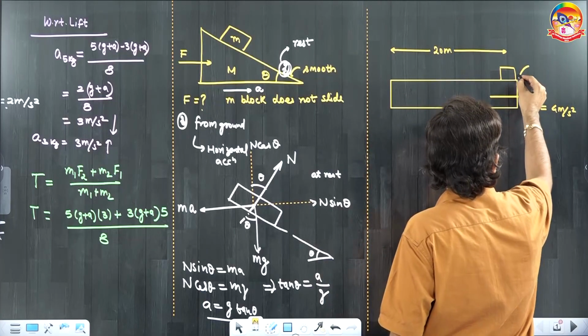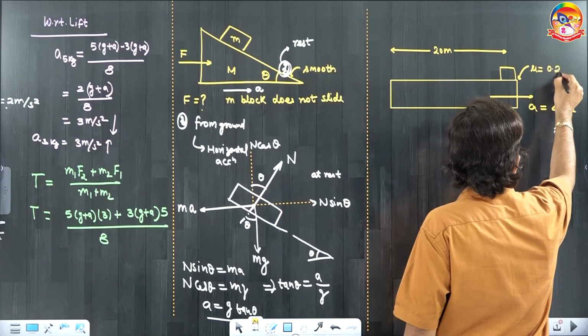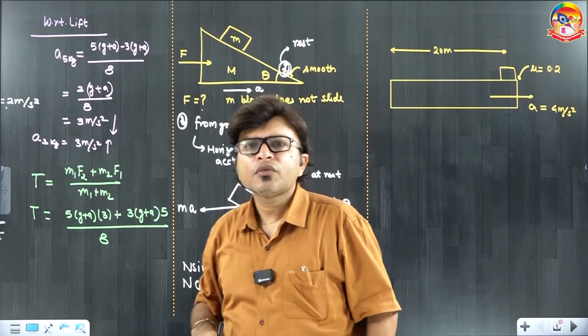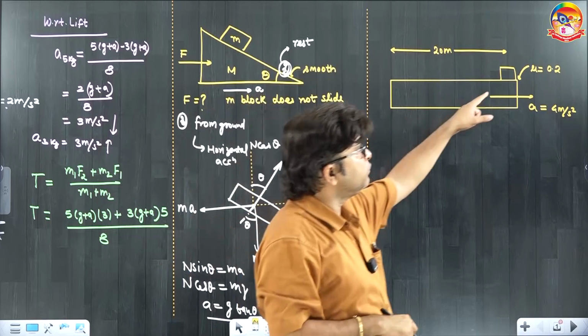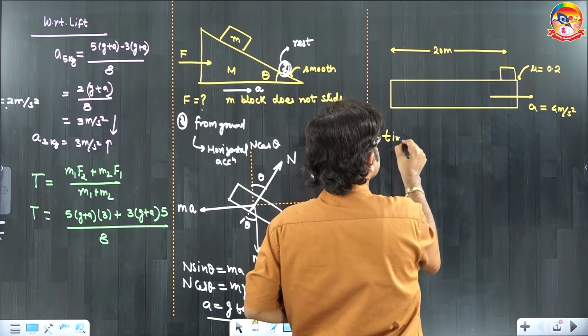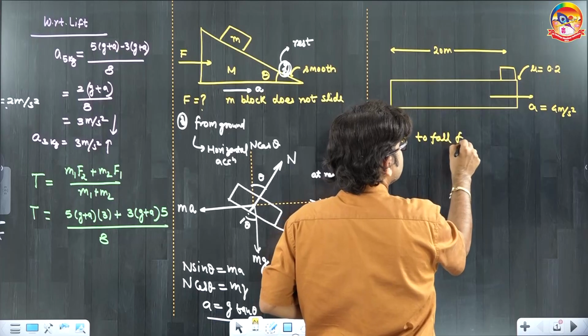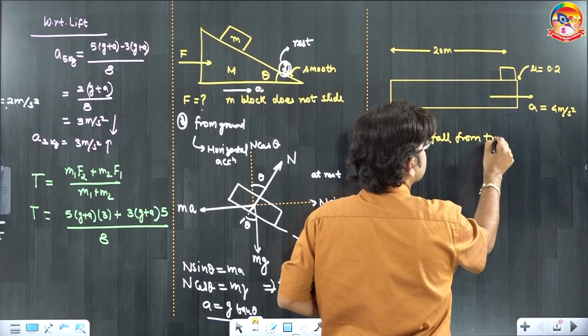Coefficient of friction, now I am including friction also, is 0.2. In how much time will this block fall from the truck? So the time to fall from the truck is what we have to calculate.